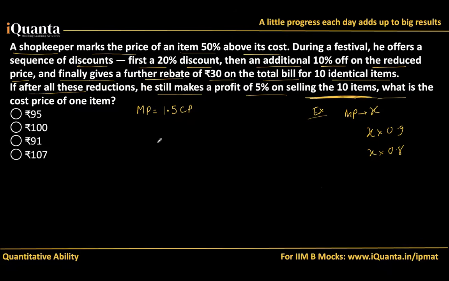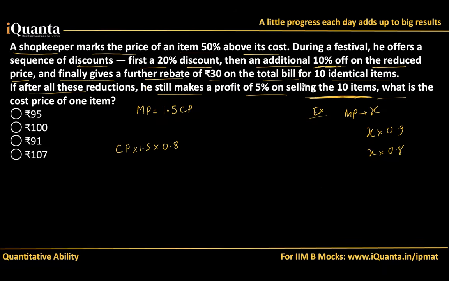So here we have a total of 10 items. Let us do this for one item. So first of all, I had my cost price. I marked it up by 50%, so it became the mark price. Now, since discounts are given on MP, I will reduce this price by how much? First, 20%. When you reduce something by 20%, you multiply it with 0.8.